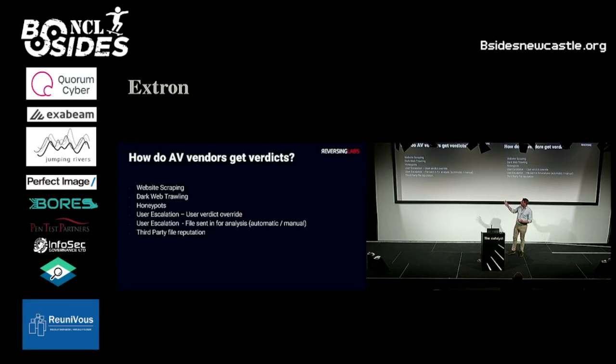But in terms of how AV works and where we start to think about the limitations with these platforms, is that they rely on extracted data from website scraping. You might be looking at honeypots, where they're scraping out and trying to capture people. You've got malware flying across the internet, dark web crawling, this type of stuff. It's malware that's already been seen before, is kind of what we're getting at.